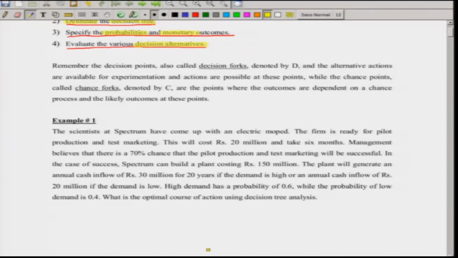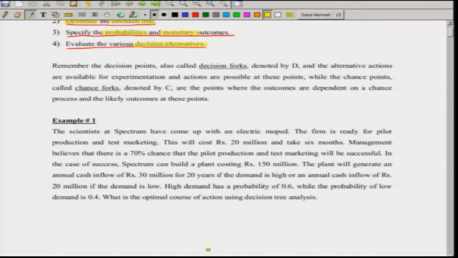Management believes that there is a 70% chance that the pilot production and test marketing will be successful. I have already read that the firm is ready for pilot production and test marketing, and that will take 20 million rupees. Let me continue reading. In case of success, Spectrum, the company, can build a plant which will cost 150 million rupees.